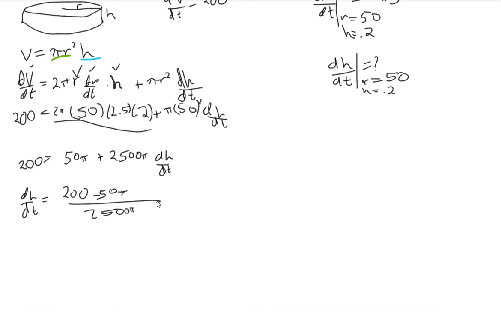And then we could pull out a 50 and reduce everything, and then you would get 4 minus pi over 50 pi. But this is also correct. It's the same rate.